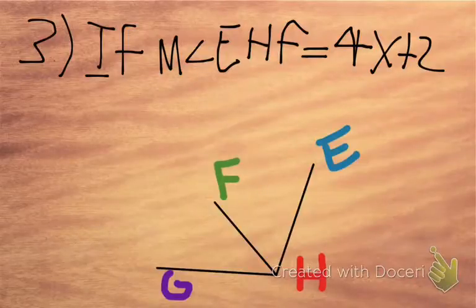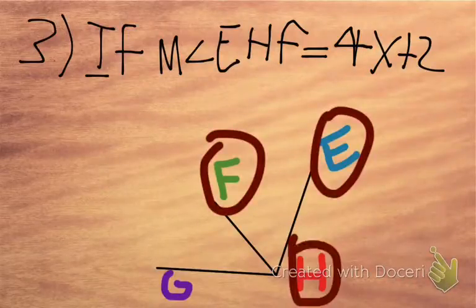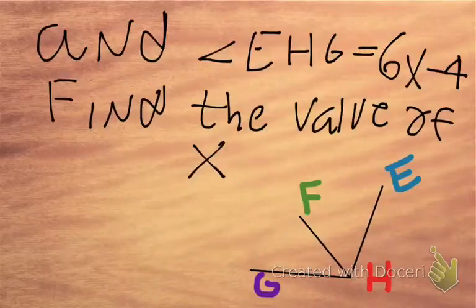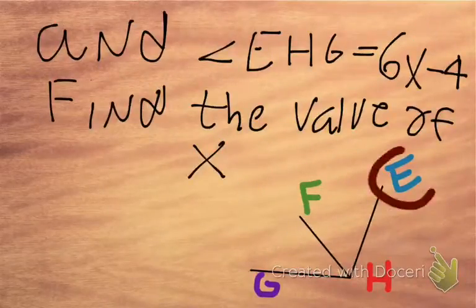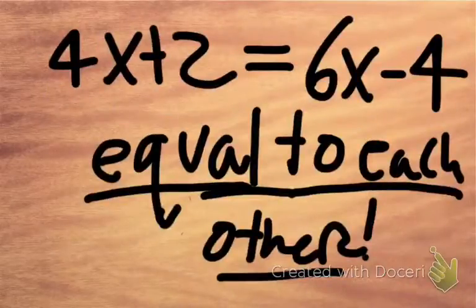If angle EHF is equal to 4x plus 2, and if EHG, our full angle, is equal to 6x minus 4, find the value of x. So first, we would set 4x plus 2 equal to 6x minus 4.